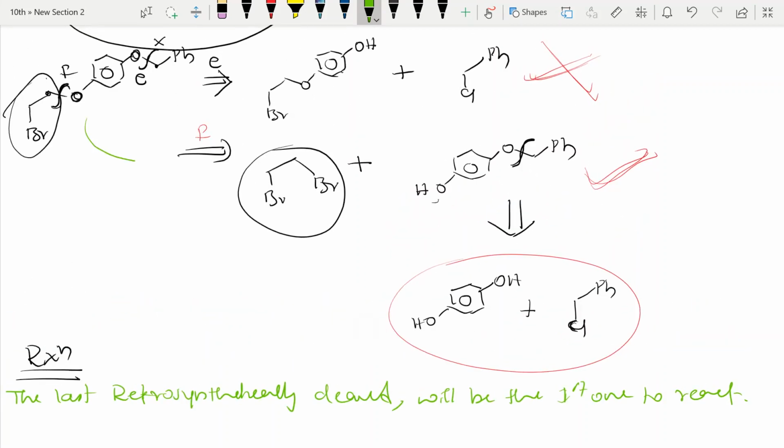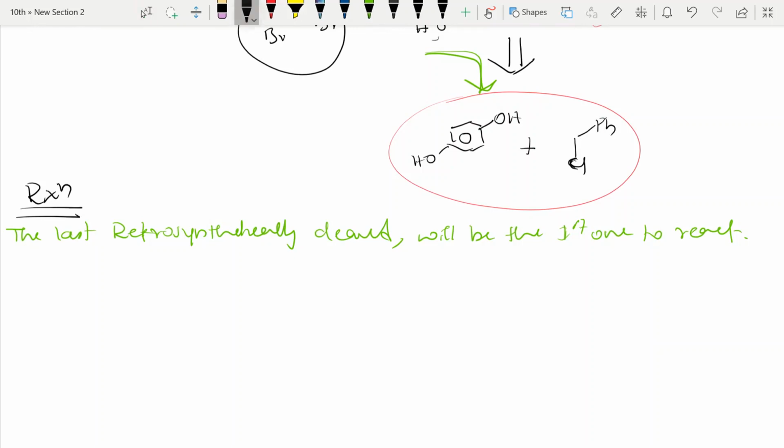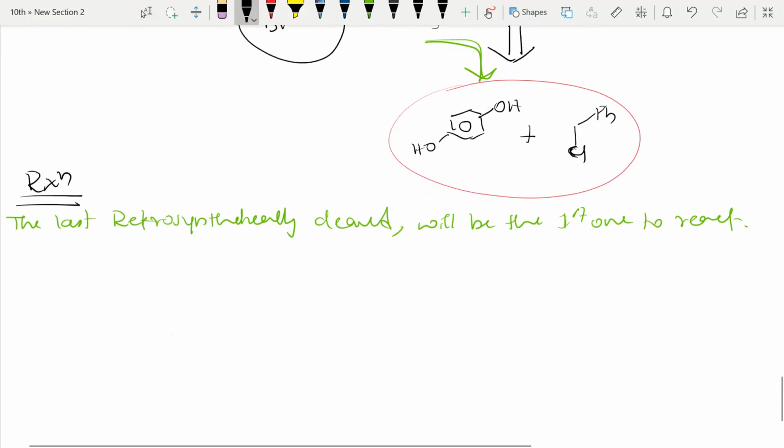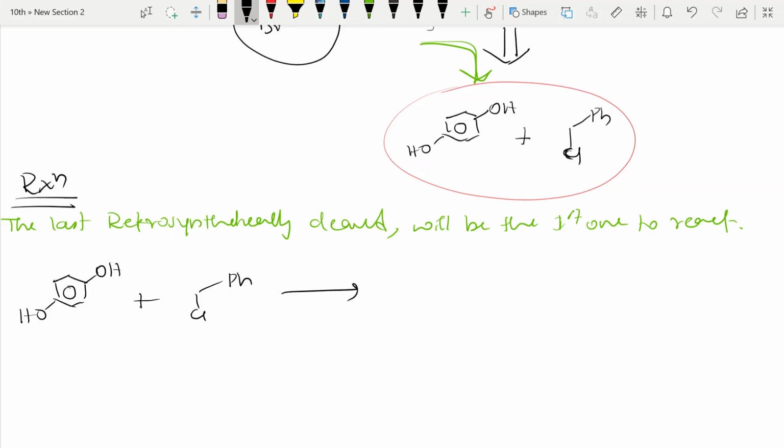First I got this, from that I further broke down into this retrosynthetically. While writing the reaction, I have told, once you have written the retrosynthesis, then you need to write the reaction. So the last one which is retrosynthetically cleaved will be written first. So I'll add this thing in the presence of a small base, I can do the reaction, right? Or if you do it in aqueous solution, no problem. Water is there, directly we will get this compound.